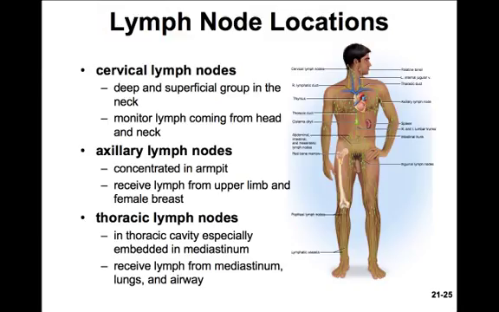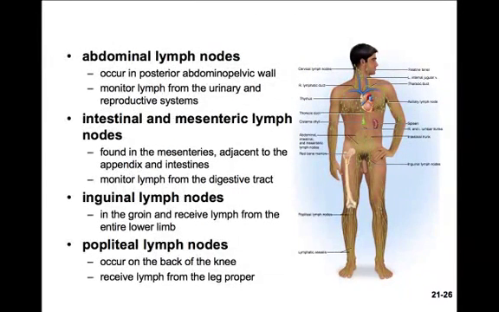The thoracic lymph nodes are in the thoracic cavity. They're especially embedded in the mediastinum. They receive lymph from the mediastinum, the lungs, and the airway, and can intercept any pathogens as they enter at that point. There are abdominal lymph nodes.